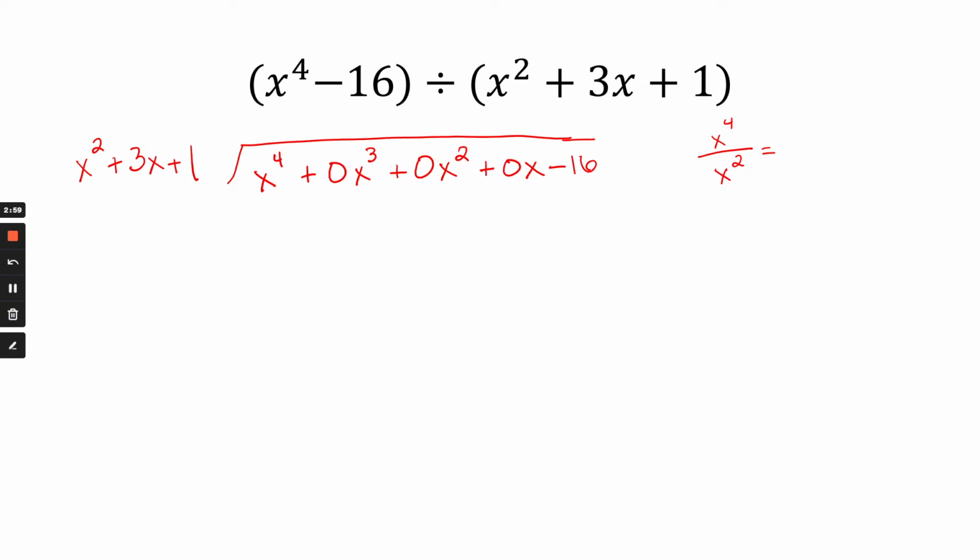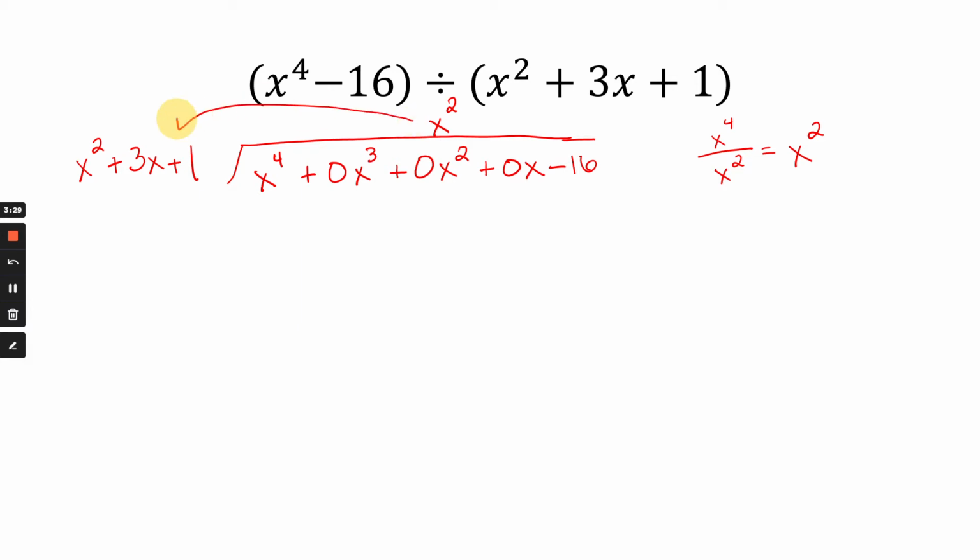I understand there's a plus 3x and a plus 1, but we really just want to know how many times x squared can go into x to the 4th, or what is x to the 4th divided by x squared. This goes back to our rules of exponents, and we're going to have x squared. The big thing here is you've got to have them lined up. Because it's an x squared, it goes above the x squared in my original problem.